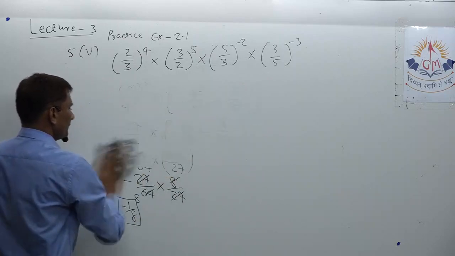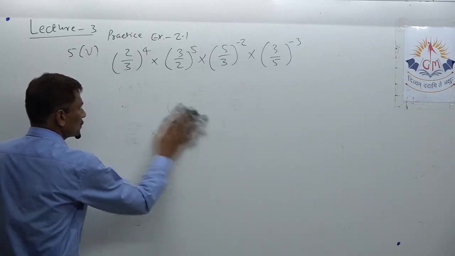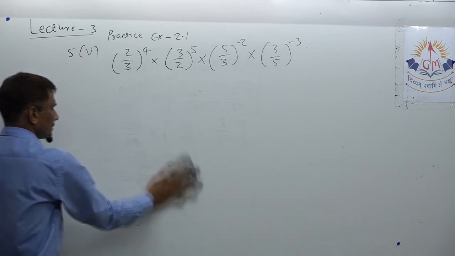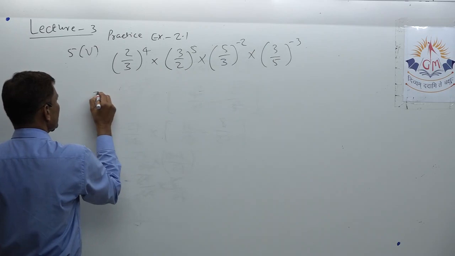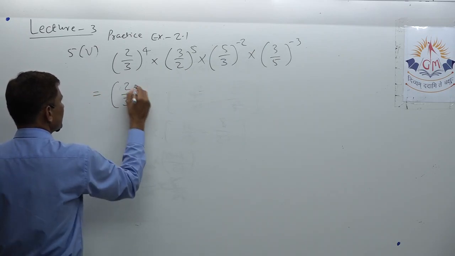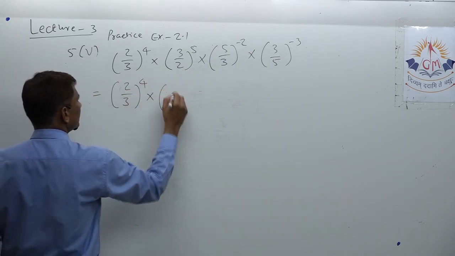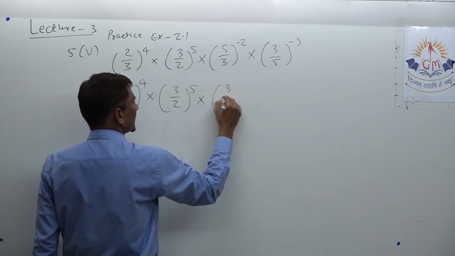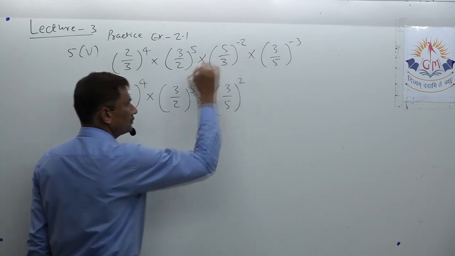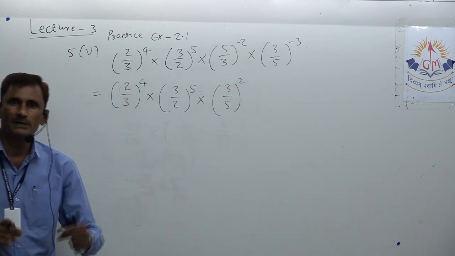Now, first of all, let us make the negative exponents positive here also. Okay, so doing nothing here, just writing as it is. Here I can write 3 by 5 raised to 2. Why? We explained so many times.